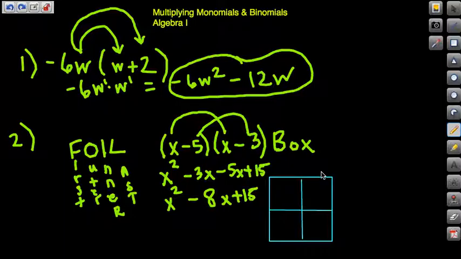Alright, so the first thing that we're going to put is, we'll put our first binomial here. So we have x, and then we have minus 5. That's our second term. Okay, so that was our first piece here. And then we're going to put the x in that column and the negative 3 in the second column.